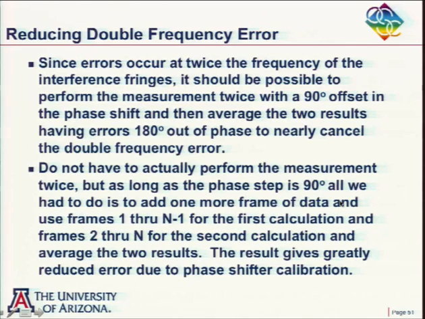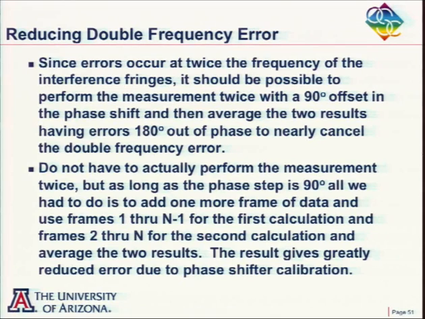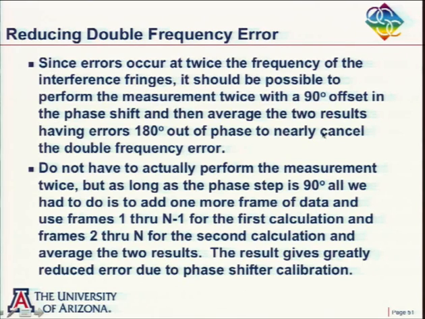And this result does indeed give greatly reduced error due to phase shifter calibration. Now the error doesn't go away completely. It would go away completely only if I had a 90-degree phase shift between the two measurements. And if I had a 90-degree phase shift, then I wouldn't have the error to begin with. So it doesn't go away completely, but it does greatly reduce the error. So everyone follow what I did there?